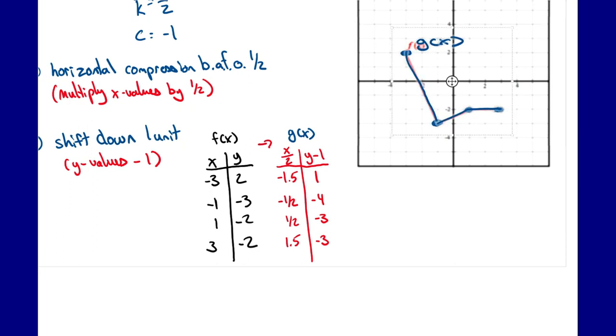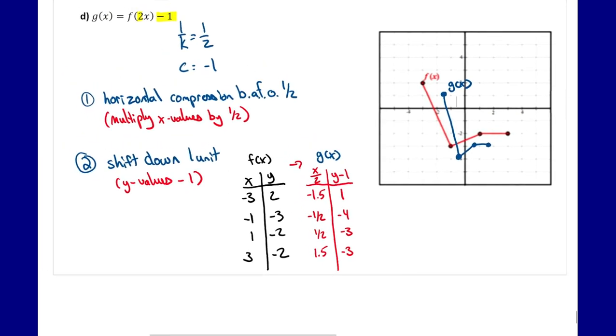Now, I've compressed it horizontally by a factor of 1/2. So basically I've shrunk it in, or I've compressed it. So all my points are compressed by 1/2, which we can see happening there. And I've shifted it down 1 to there. And we've done the same thing with our points and mapping it.